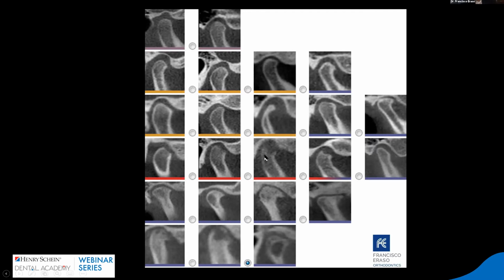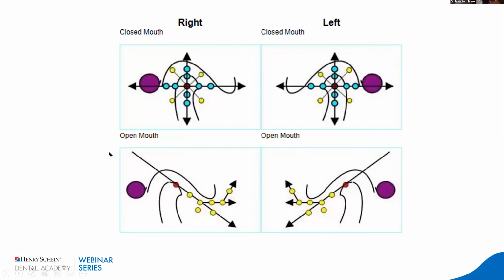Then you start to see changes in the vertical dimension with erosion, non-corticated, which is an active DJD, and corticated, which is a non-active DJD, and then you have the flattening, the osteophyte formation and the subchondral bone cysts. So you really have to see that.